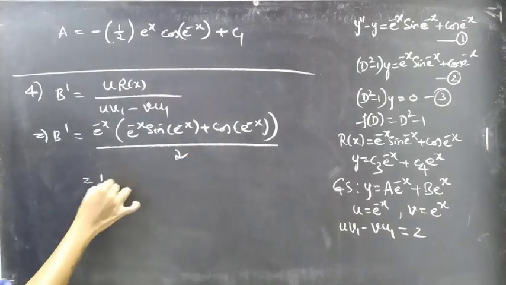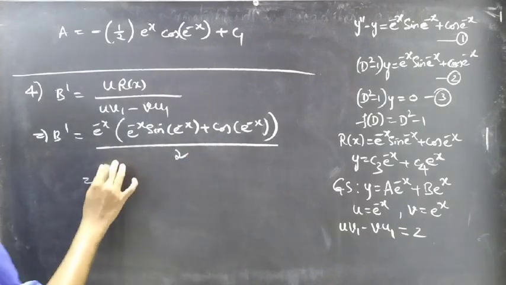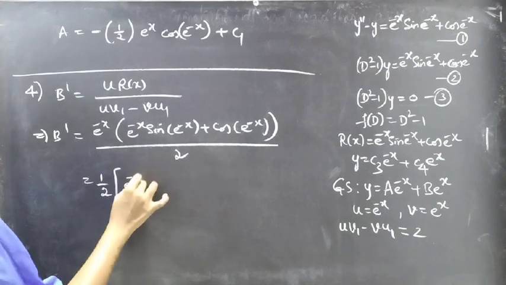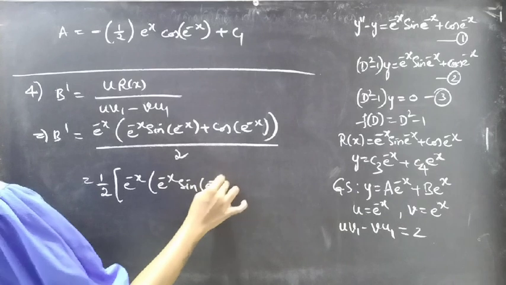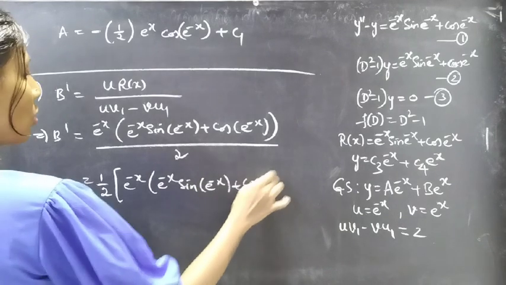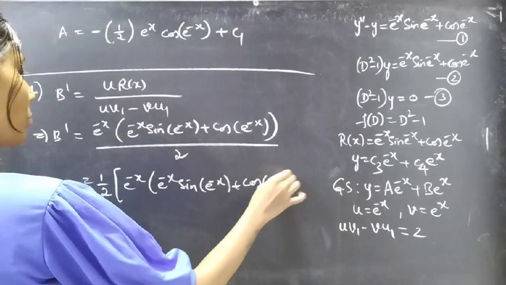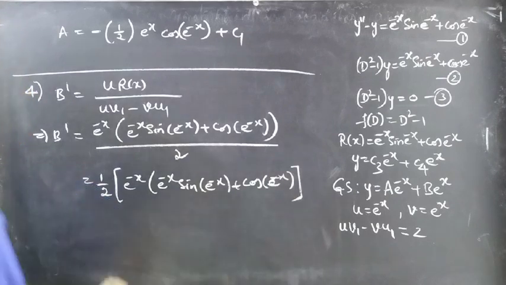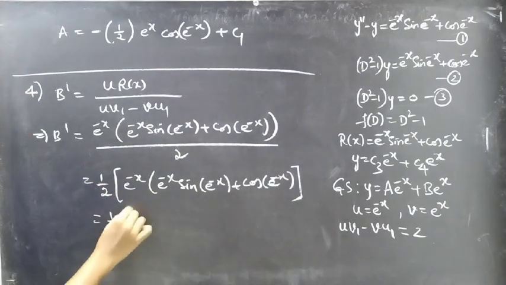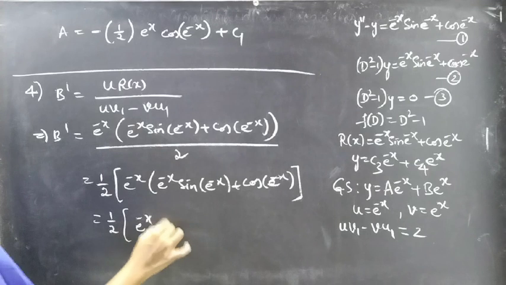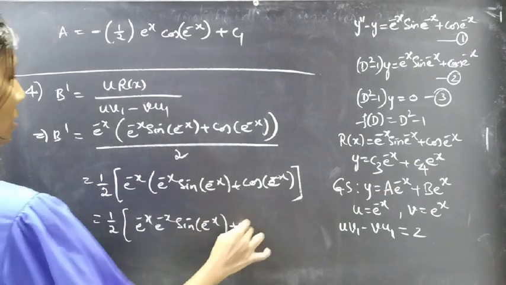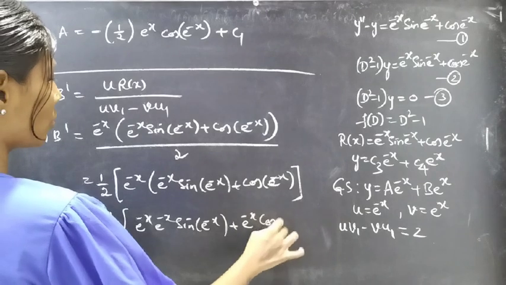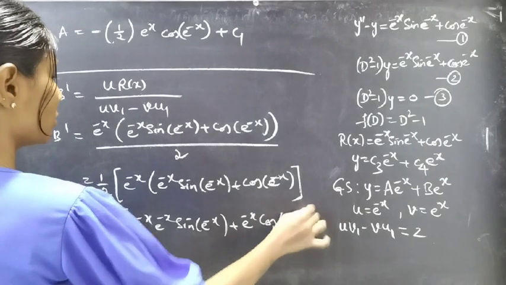We can write this as 1 by 2 into e power minus x of e power minus x sine e power minus x plus cos e power minus x, or you can write this as 1 by 2 into e power minus x sine e power minus x plus e power minus x cos e power minus x.